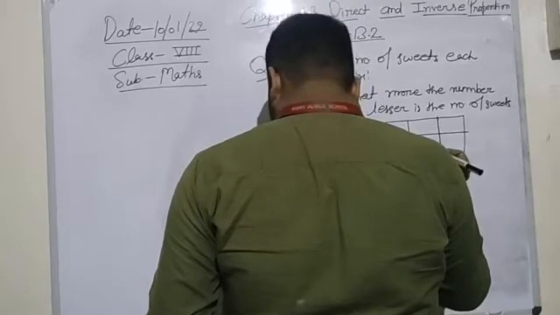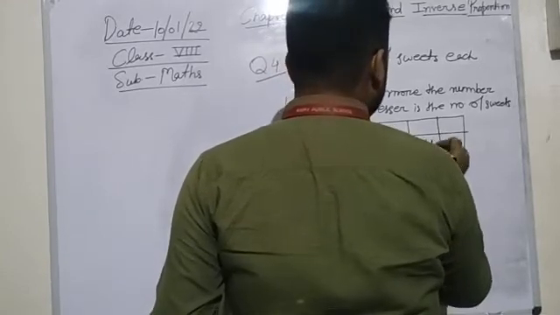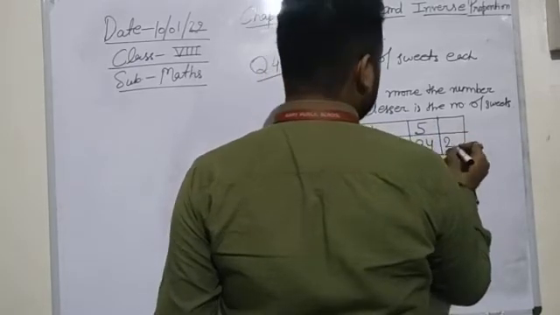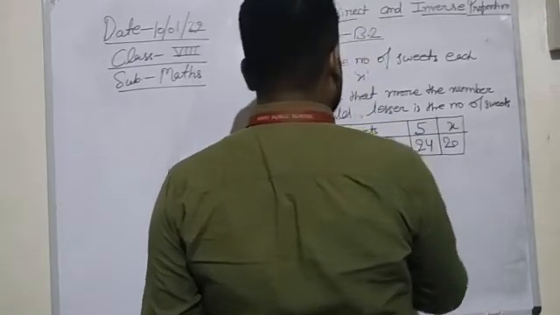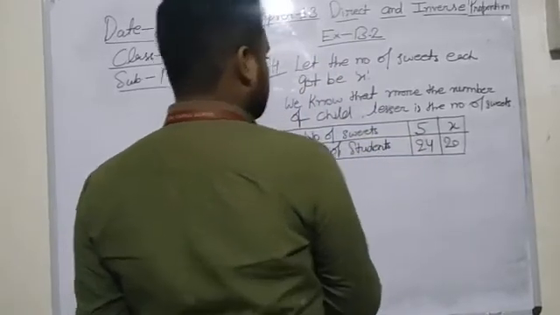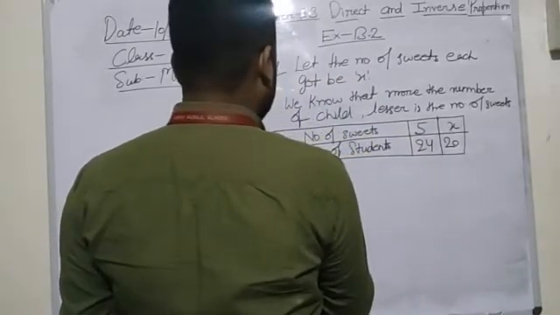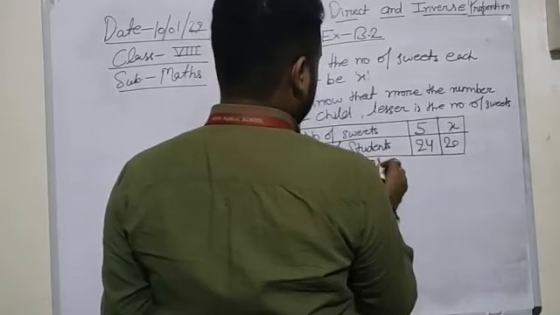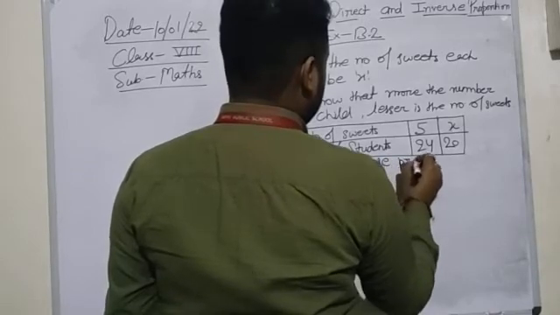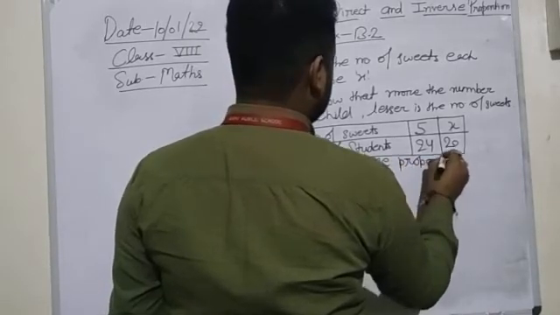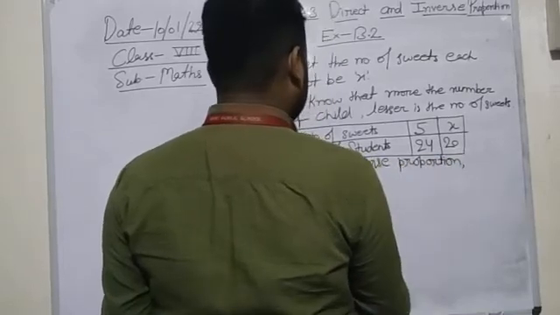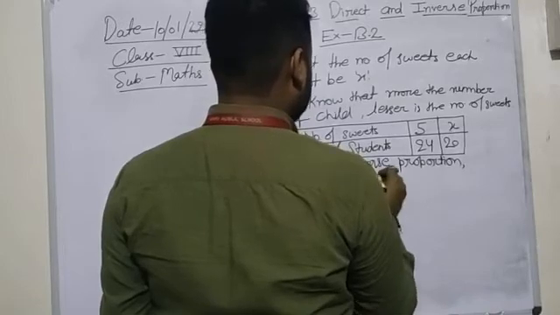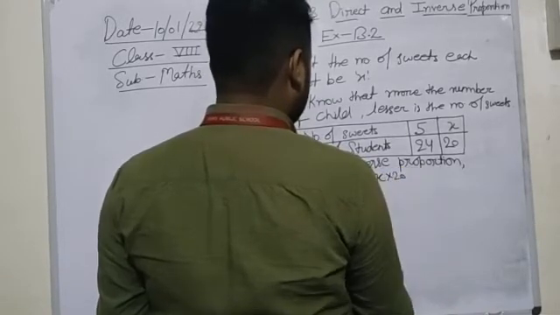So number of students is 24, then it will last in 5 days, and when it goes to 20, how many days will it last? So we have inverse proportion. So 24 into 5 is equal to x into 20.